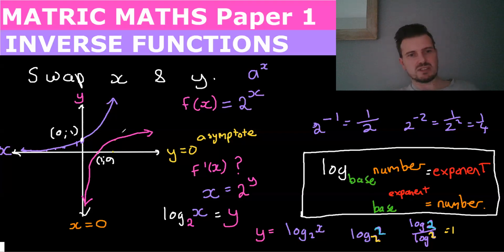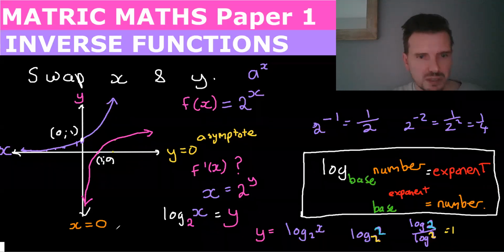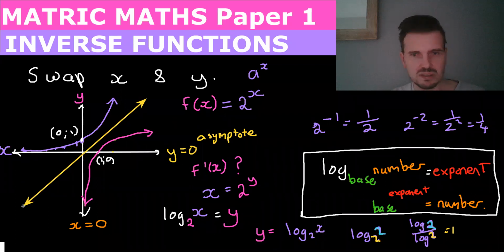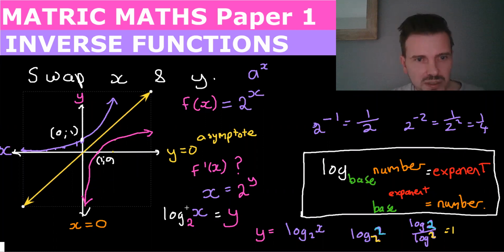Okay, so that's my inverse graph. And this is a wonderful illustration of how it goes across about the line of y equals x. It's a perfect mirror. I'm going to do the line in a different color.